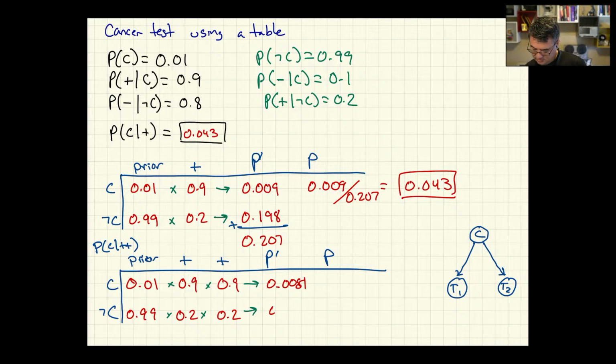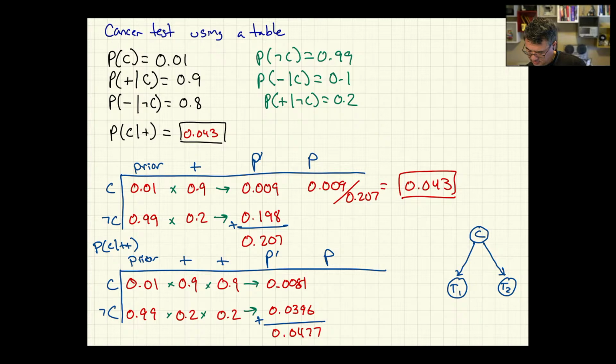And we get 0.0396. Then we're going to add those together. And we get, what do we get? 0.0477. Okay?